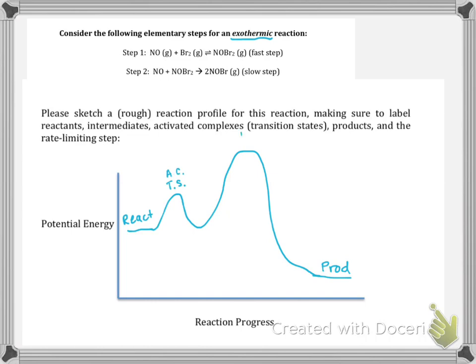So we have two of those, one at each peak. And these aren't real molecules, they're just some weird state where the molecules are twisting into their new position. And then in this valley, we'll have our intermediate, and that's going to be our NOBr2.